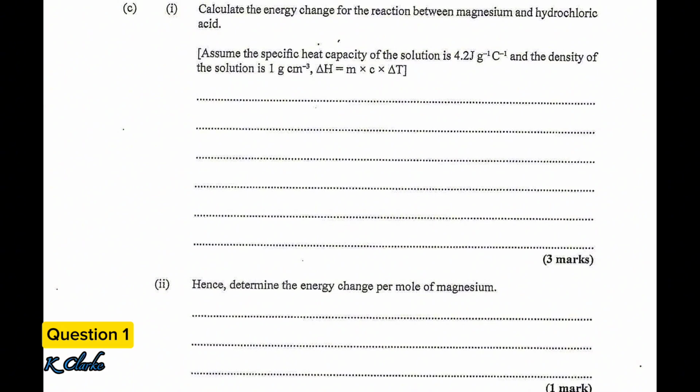Assume the specific heat capacity of the solution is 4.2 joules per gram per degree Celsius and the density of the solution is 1 gram per cm cube. The energy change equals mass multiplied by specific heat capacity, C, multiplied by the change in temperature.